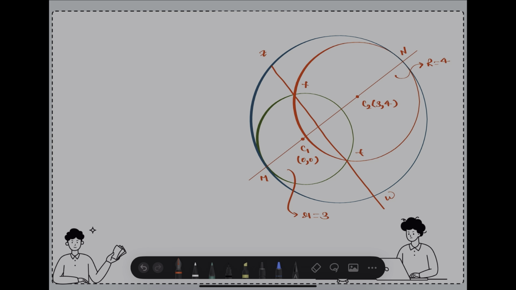It's going inside. Now look at this. And suppose that it becomes a common tangent to the parabola. So at this point it is a common tangent.